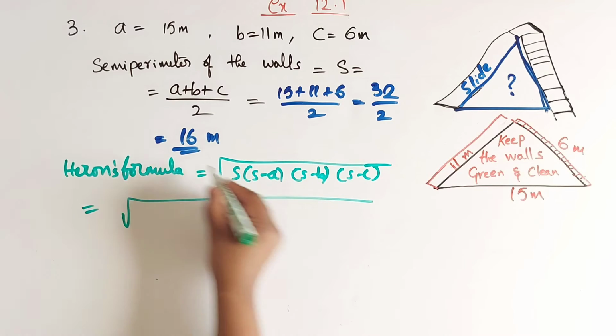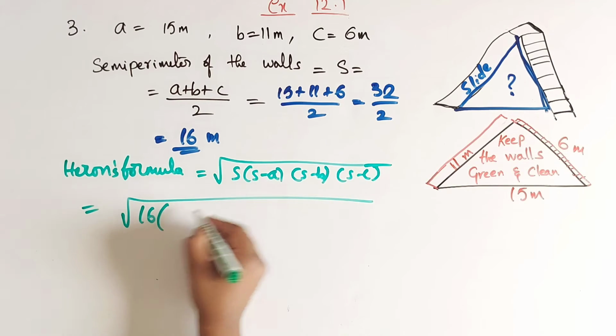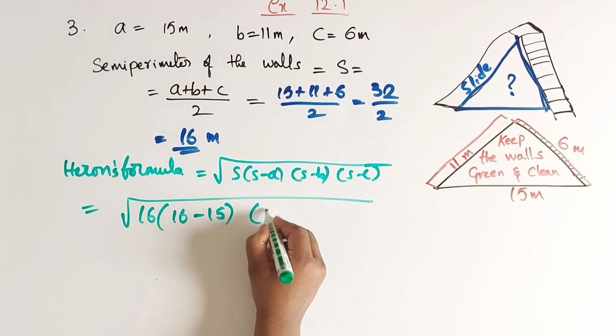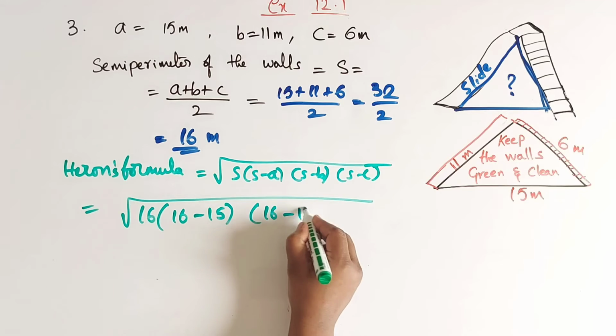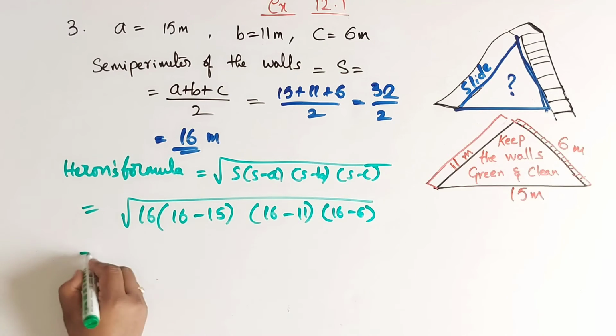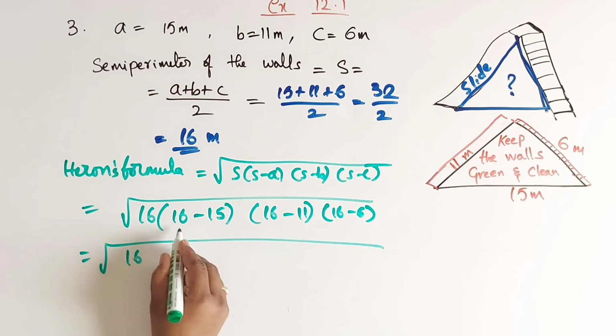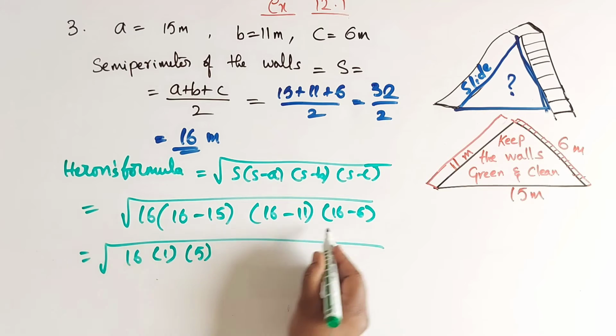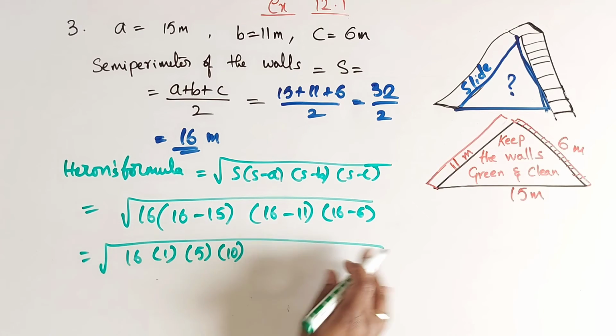We know S, that is 16. S minus A, 16 minus 15; S minus B, 16 minus 11; S minus C, 16 minus 6. Now this equals root of 16 into 16 minus 15, that is 1, 16 minus 11, 5, 16 minus 6, it is 10, children.